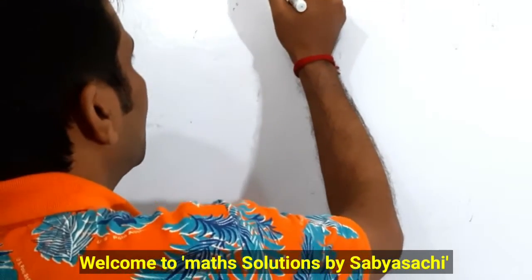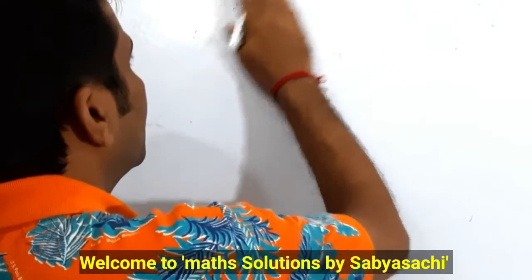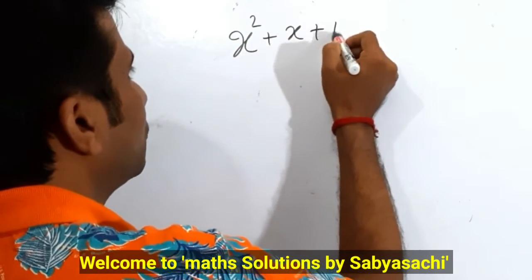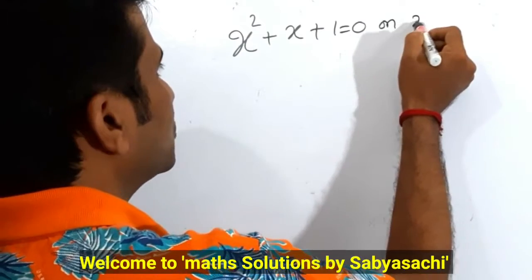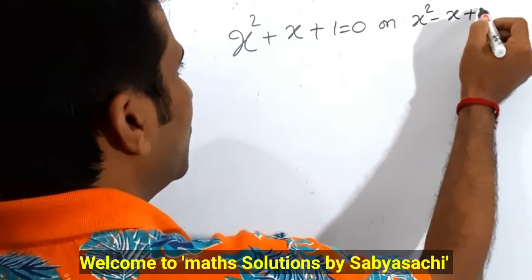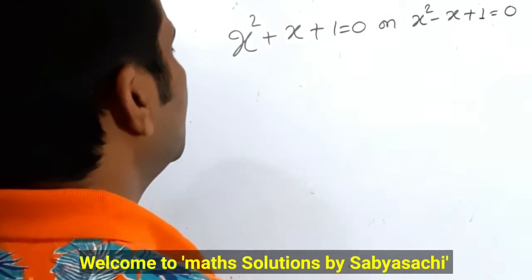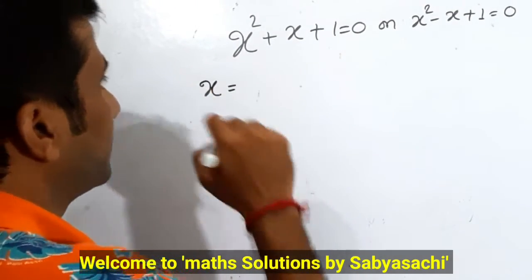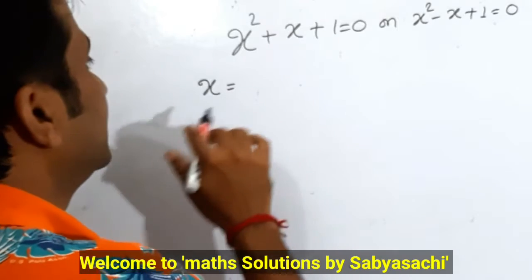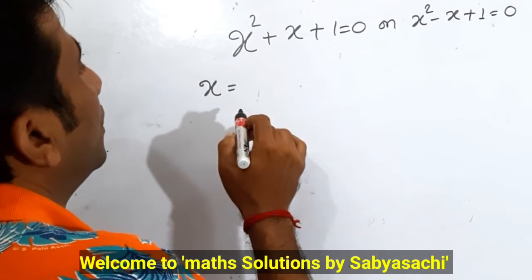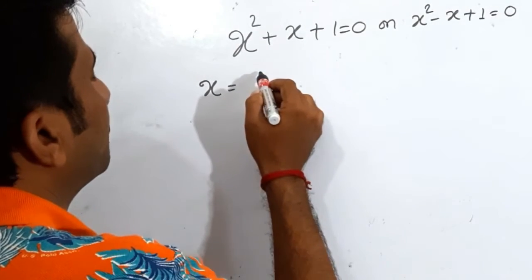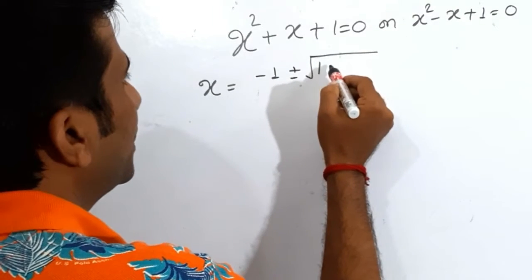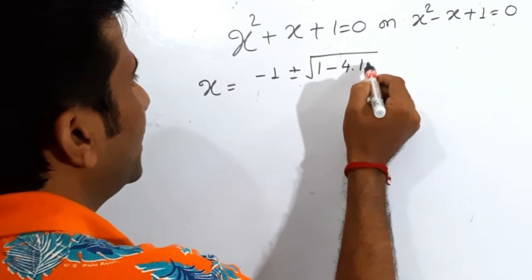The equation of the type x square plus x plus 1 is equal to 0 or x square minus x plus 1 is equal to 0. Solving these two types of equations we get x is equal to minus b plus minus root of b square minus 4ac, over 2a.